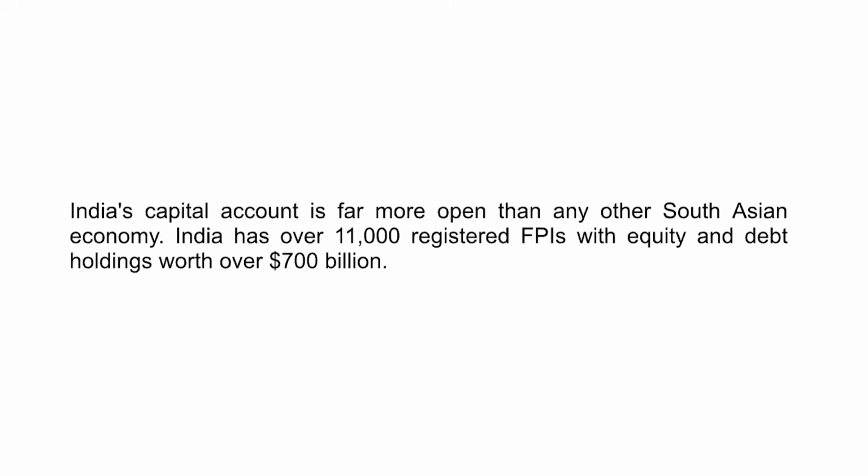Global risk aversion following the West Asia conflict triggered an emerging market sell-off in which India, with its large, liquid, accessible capital market, faced disproportionately large outflows. India's deep, open capital account, larger than those of any South Asian peer, amplified the impact of outflows on the rupee.